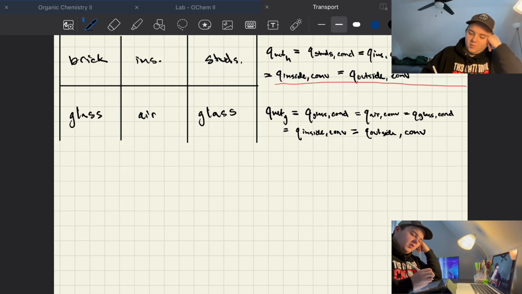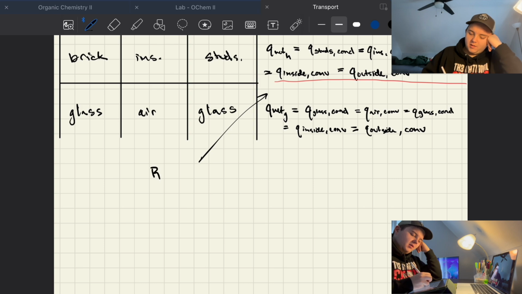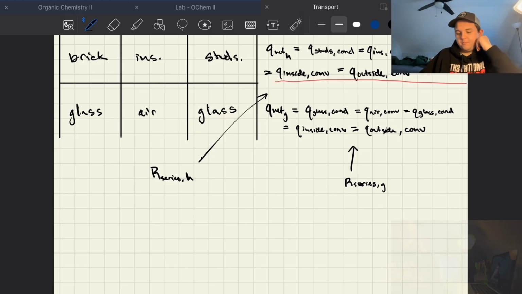But for up top, I'm going to do an arrow, I guess. We can do R series house, and then we'll call this one down here R series G for glass.